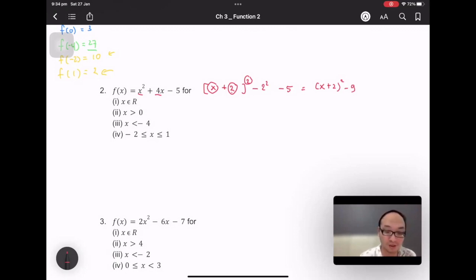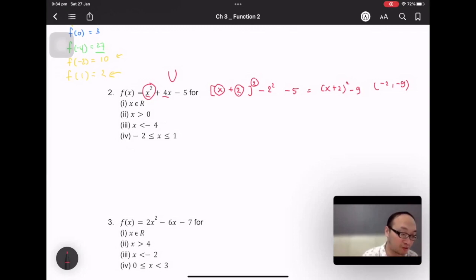So from here, we know that the vertex will be negative 2, negative 9, and this will be the x squared, so U shape. So if we draw like this, it will be negative 2 and negative 9.